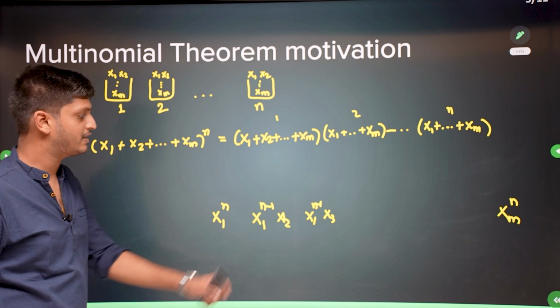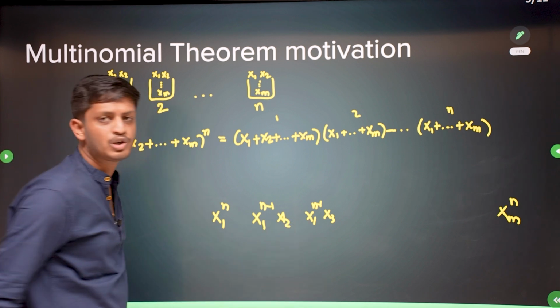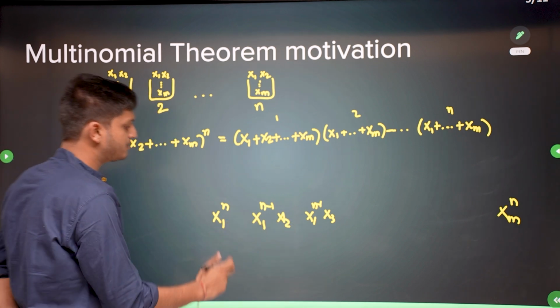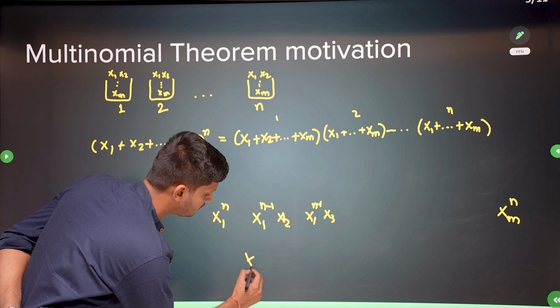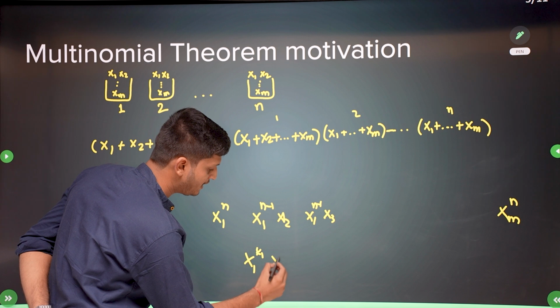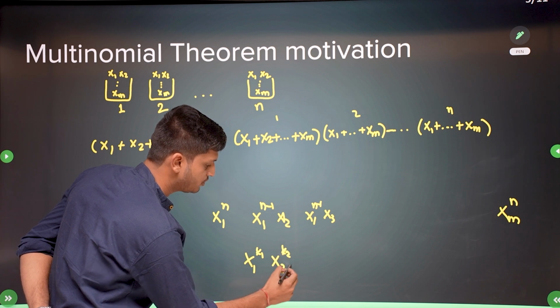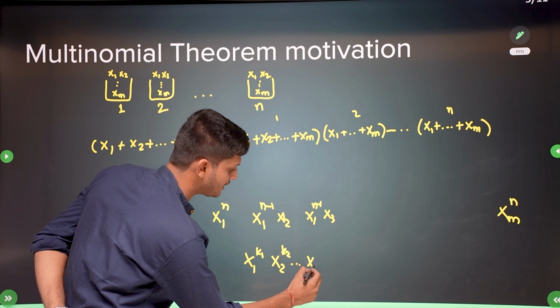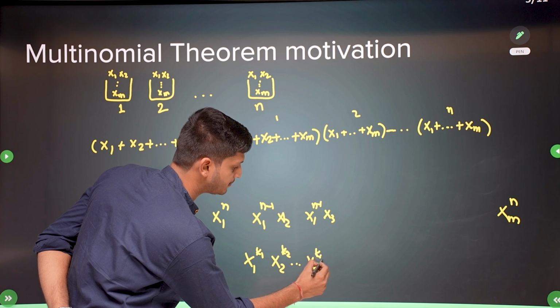But again, how will one term look like? Any one of these terms will look like this. It will be x1 to some power, let's say k1, then x2 to some power, let's say k2, and multiplied like this, up to xm to the power km.